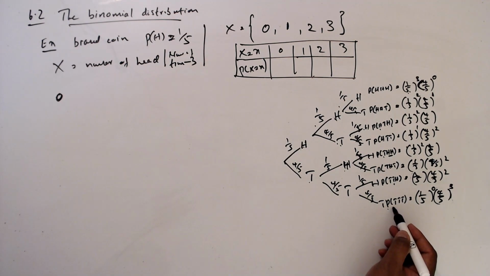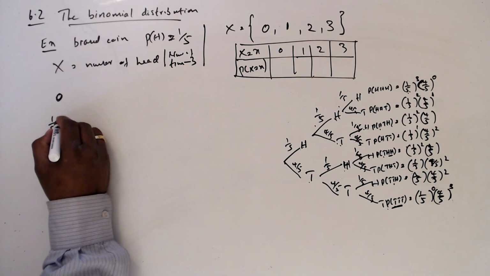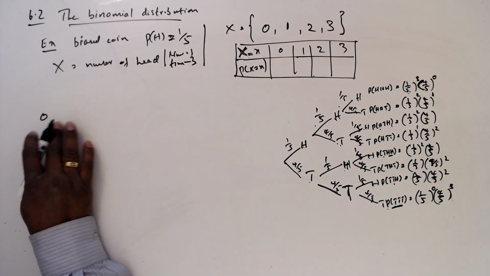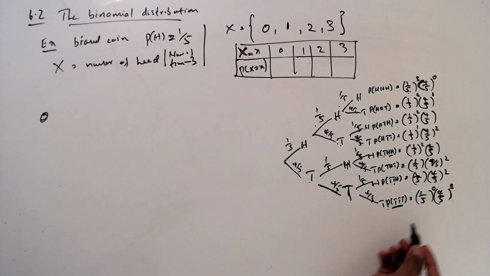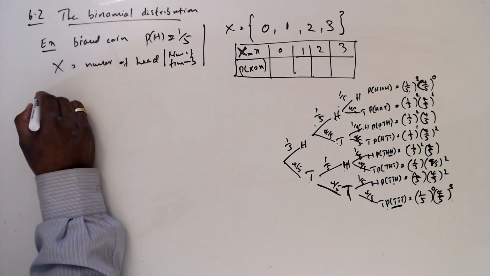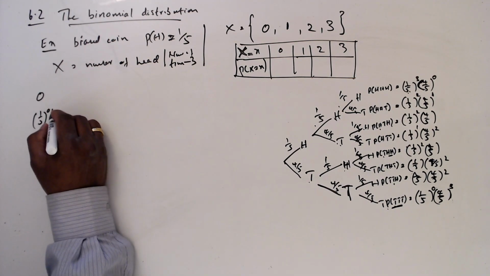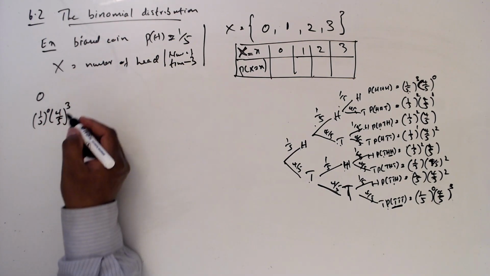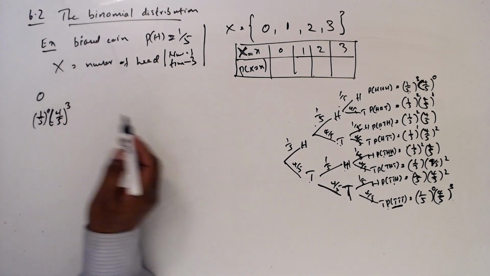No heads means this one, T, T, T. So getting 0 heads is (1/5)^0 and (4/5)^3. No heads, (1/5)^0.